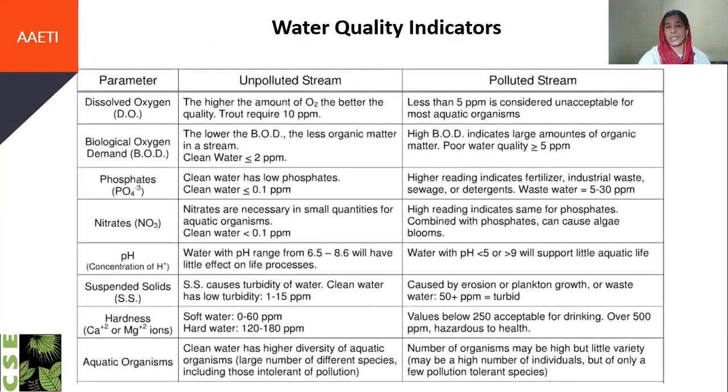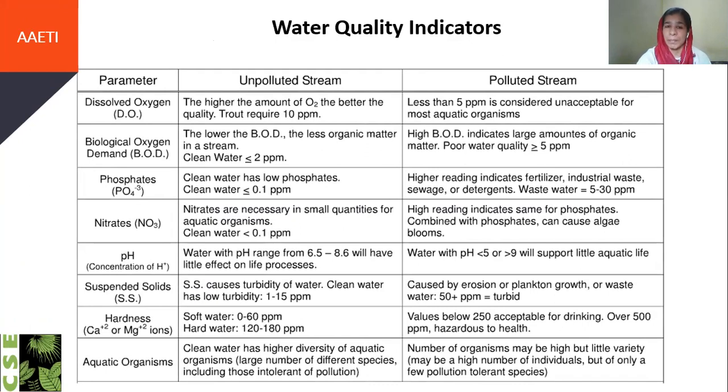So, for the water quality parameters, if we are discharging the treated or untreated wastewater to a nearby water body, dissolved oxygen is a parameter which determines the health of the water body.